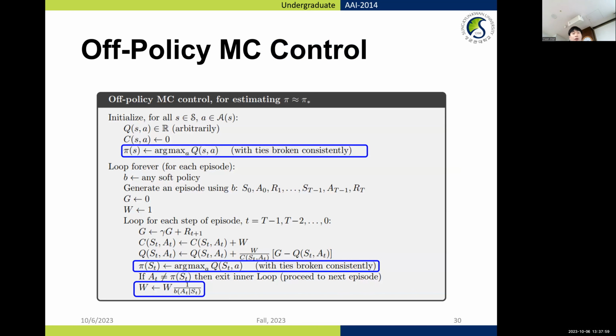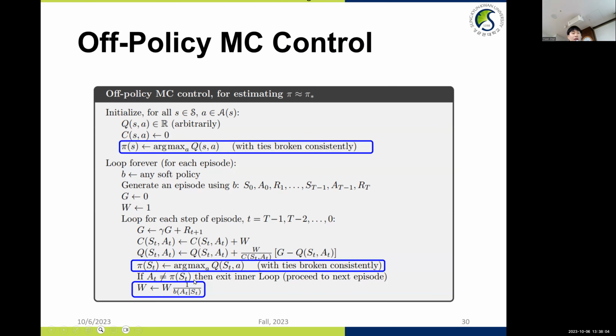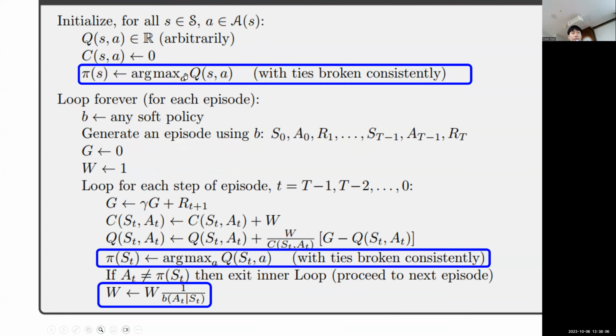In this case, the process is similar. The only difference is that we need to select the greedy action that maximizes the action value function, selecting a particular action A that maximizes Q. Then we put this action into pi(S). So pi(S) will be the optimal action at this particular state and time step.